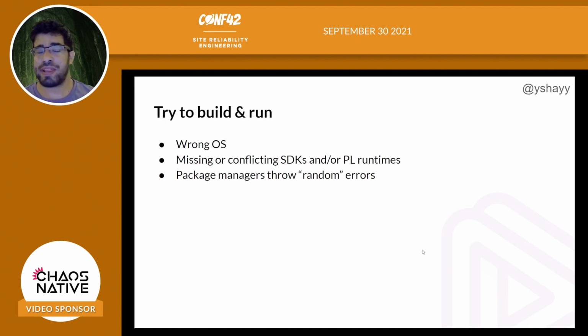I might have missing or conflicting SDKs or programming language runtimes. It can be the wrong version of Python or Ruby or Node. In many cases, I start by installing the dependencies, and the package manager gives random errors that can be difficult to debug. They are not necessarily random, but they sure feel that way.